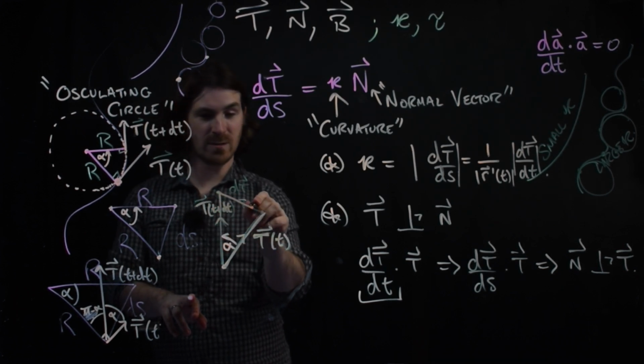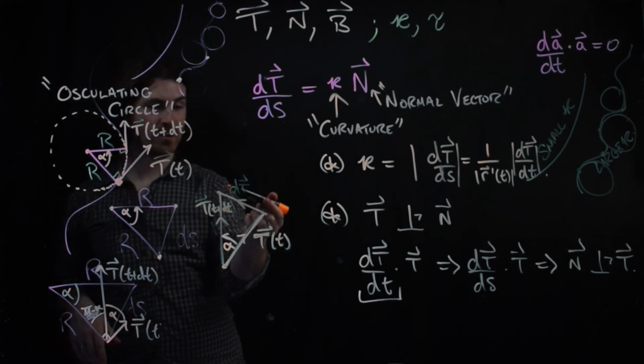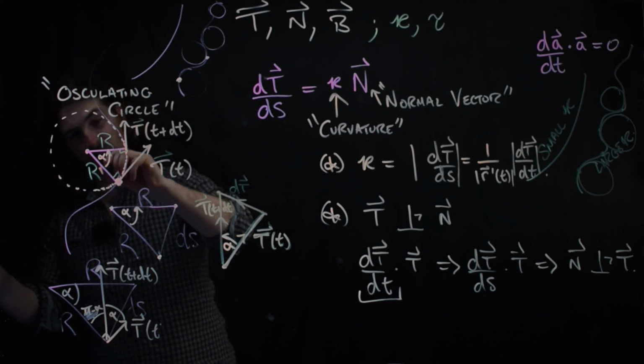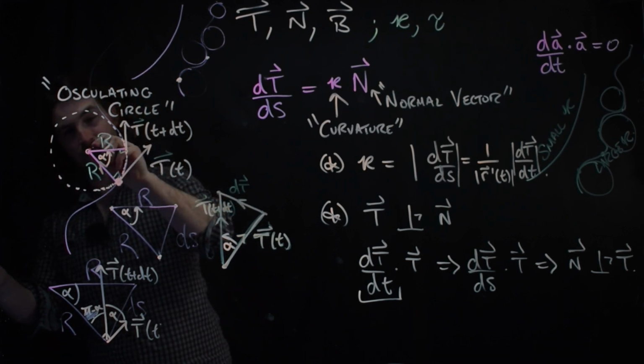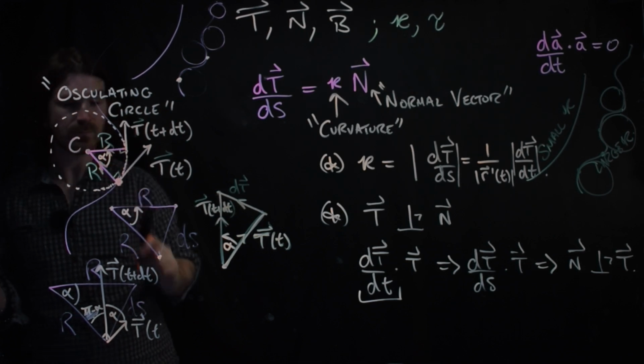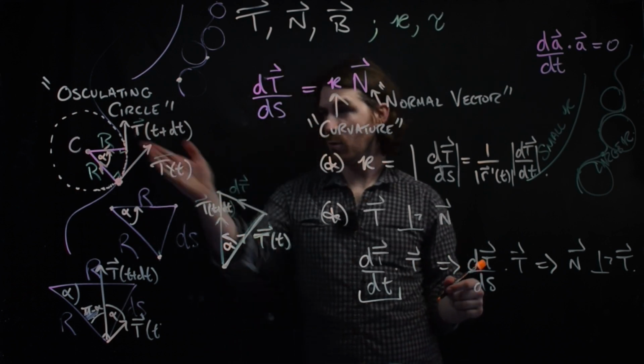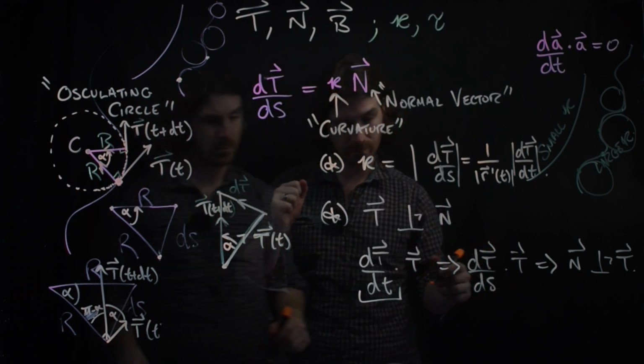And this is the change in the tangent vector as we go along the curve. So in this case, the normal points towards the center of the circle, and we call this the center of curvature. So N points towards the center of curvature.